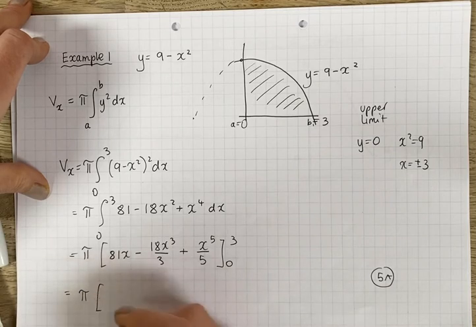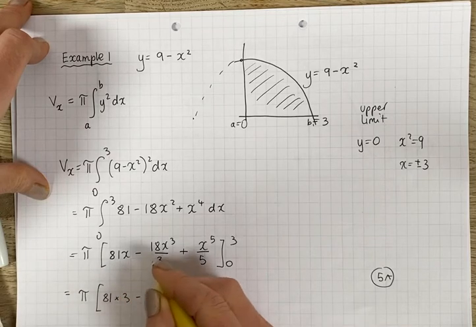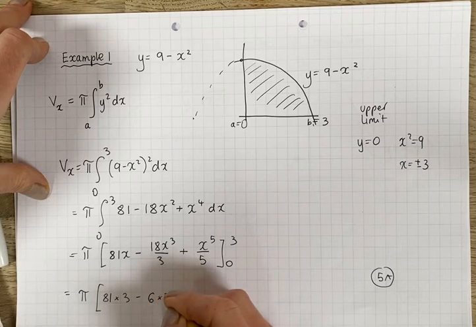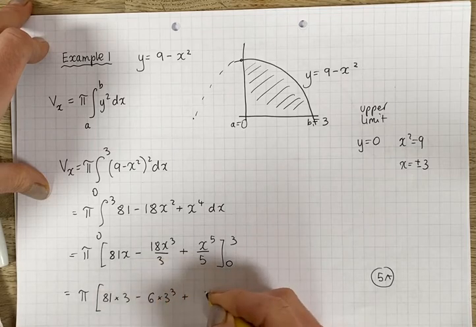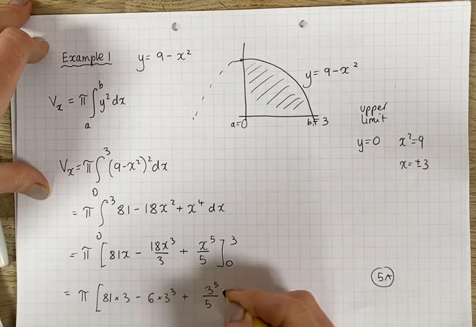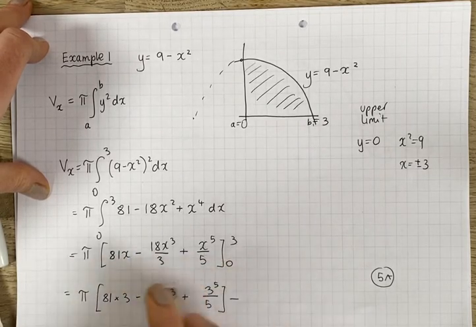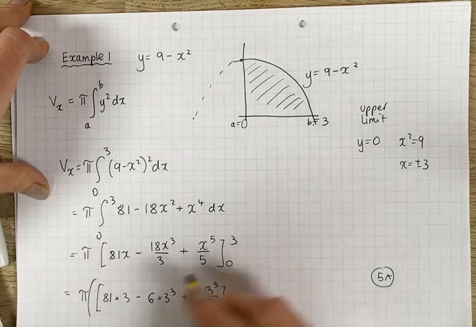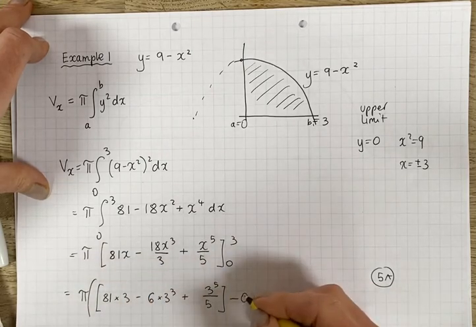Okay, put the limits in. So it's 81 times 3 minus, either leave it as 18 over 3 or work it out as 6, times 3 cubed plus 3 to the power 5 over 5, minus the lower limit, which if I put 0 into that gives just 0.